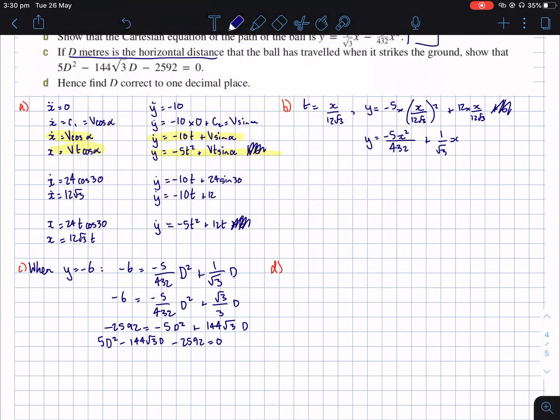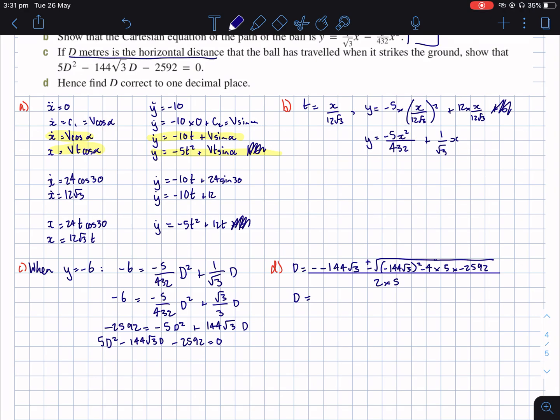To find d, I'm just going to use quadratic formula. So I've got negative 144 root 3 plus minus square root of negative 144 root 3 squared, take 4 times 5 times negative 2592, all over 2 times 5.